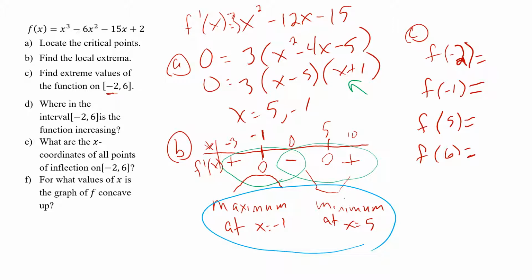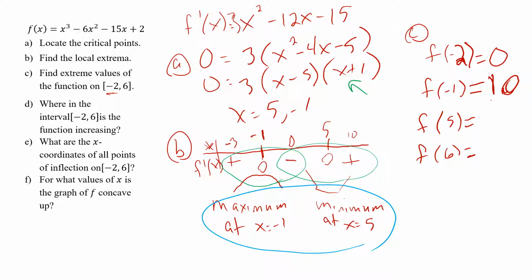If we plug in -2, -2 cubed is -8, -2 squared is 4, times -6 is -24, plus 30 plus 2, that gets 0. Plug in -1, that's -1, minus 6, plus 15, plus 2, that's going to give us 10. Plug in 5.